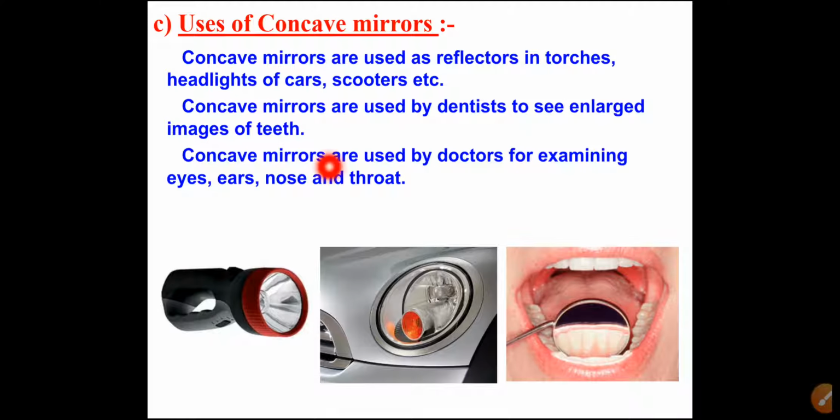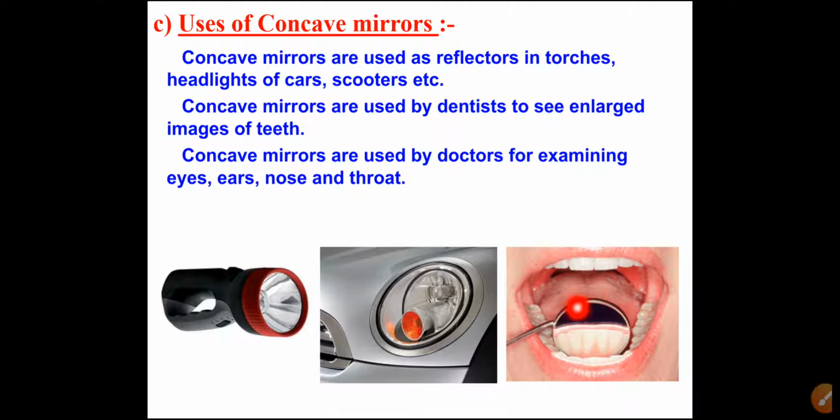Now the use of concave mirror. Students, you might be thinking where this concave mirror is used. If you see this picture, you can easily understand. Dentists use these concave mirrors. When the doctor wants to examine eyes, ears, nose, throat, at that time these concave mirrors are used. Why are these concave mirrors used, do you think?